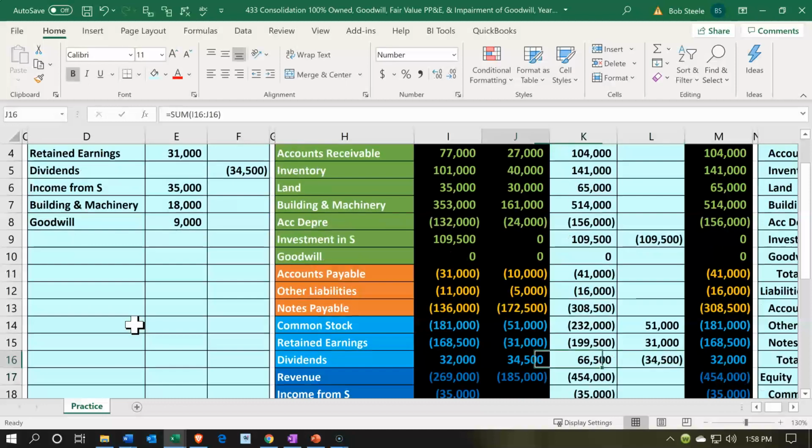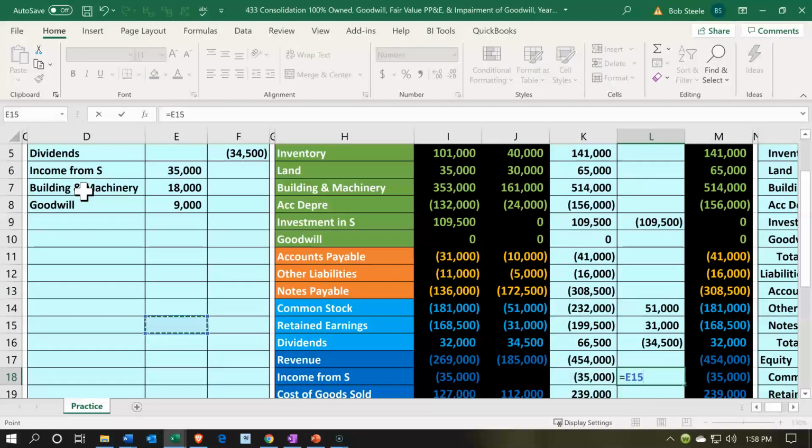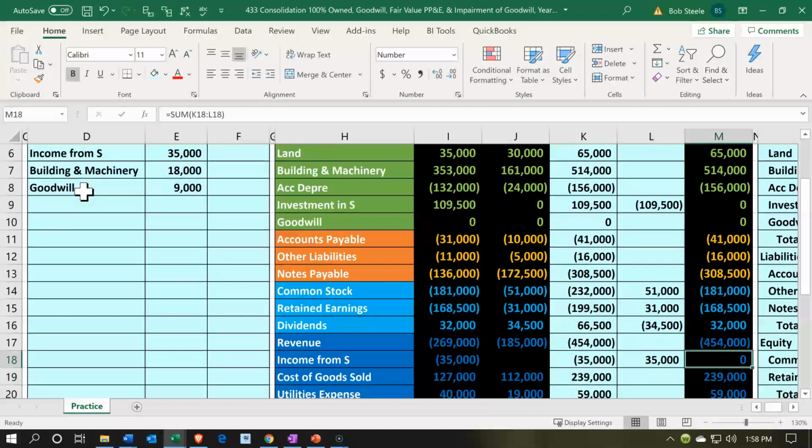Once again, there's P, there's S, there's the sum of them. We removed S, bringing us back to P. And then we've got the income from S. That's got to go away down here, just as we've seen in the past. There's the 35,000, so equals, scroll up to that income from S, and then it goes to 0.